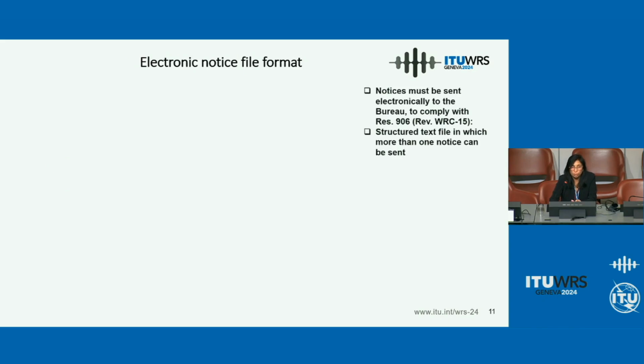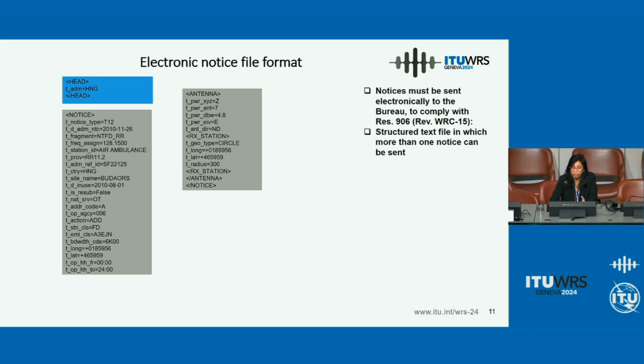So the notice type that we accept from administration is only electronic. We do not have paper notices since long time ago, 2009. And it is a text file, but it has a specific structure. It has to start with a head section. Then you will have a notice section.